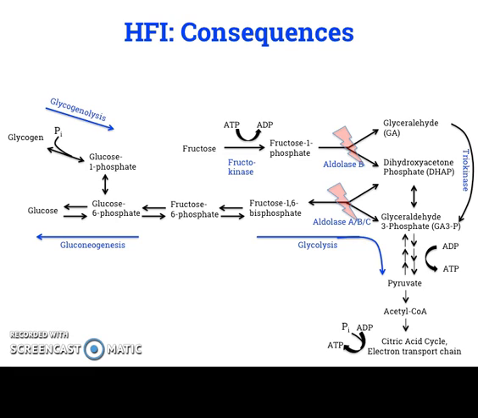Now, unfortunately, in HFI, because of the loss of this enzyme function, phosphate becomes trapped in the fructose 1-phosphate substrate, which accumulates in the cell following fructose ingestion. This trapping takes phosphate out of the intracellular pool and leads to a net ATP consumption.